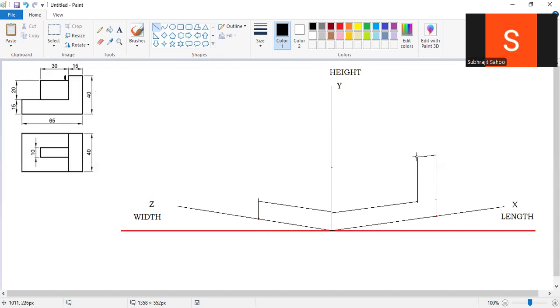Observe here, sir, what I'm doing. Width is given 40 now. So width here 40 I have taken. This side also you take 40 width. So this line should be parallel to which axis? Z-axis, right? Here also you draw.